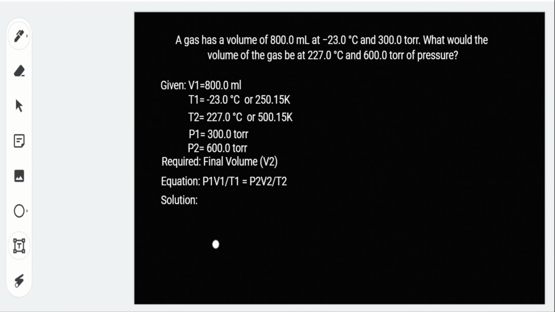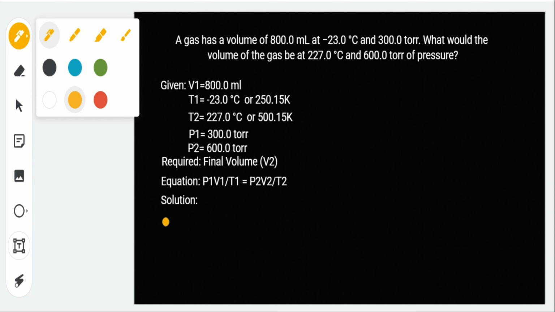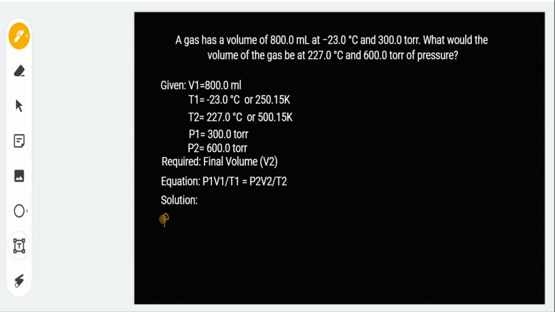We have initial pressure times initial volume over initial temperature is equal to final pressure times final volume over final temperature in Kelvin. So again, this is what we're looking for, the final volume.